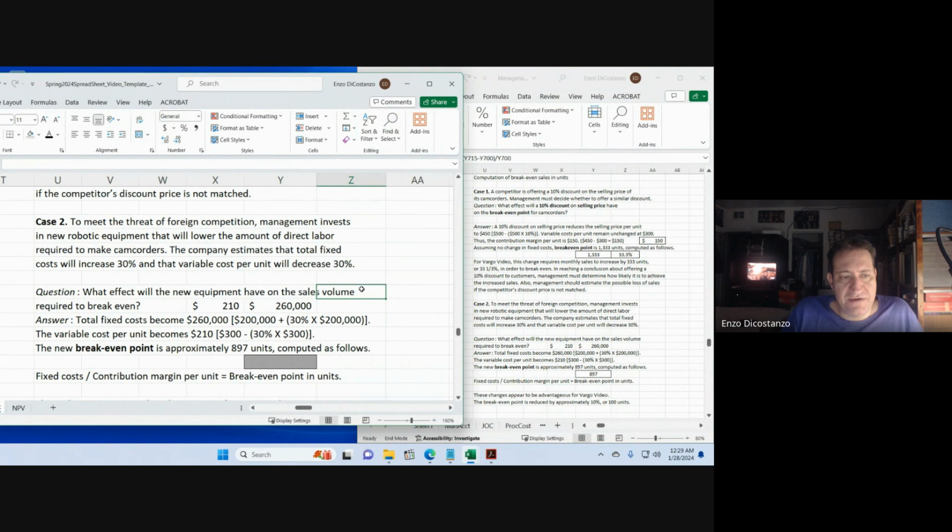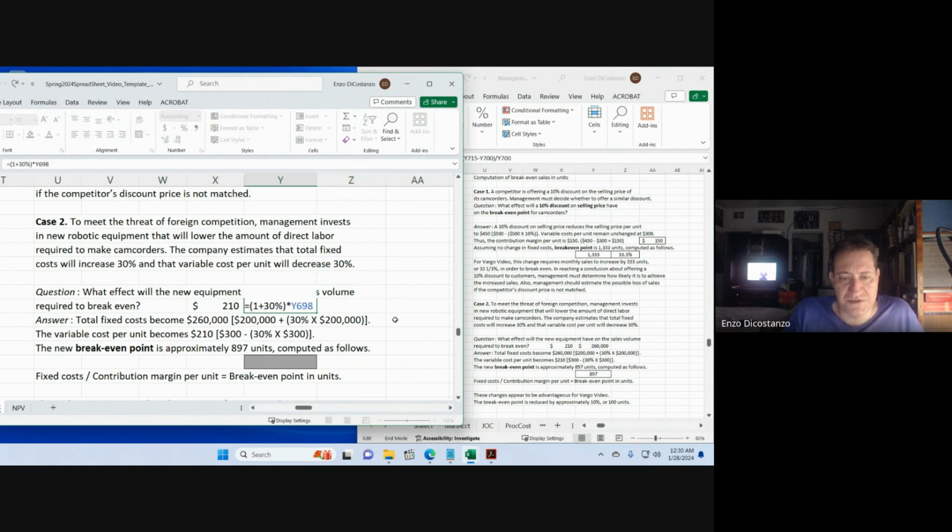What's next is foreign competition. There's new robotic equipment that lowers direct labor. So the total fixed cost will increase by 30% and the variable cost will decrease by 30%. So if you had 200,000 fixed, it's 30% higher, another 60,000.